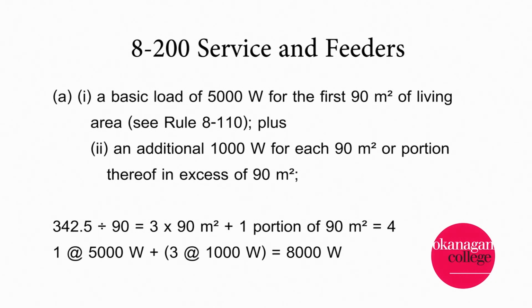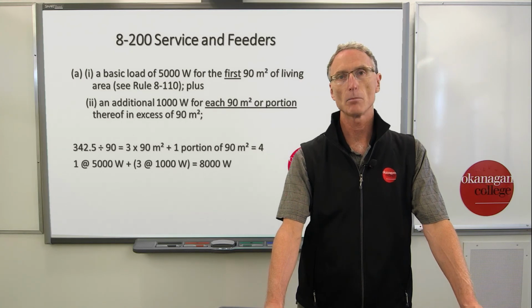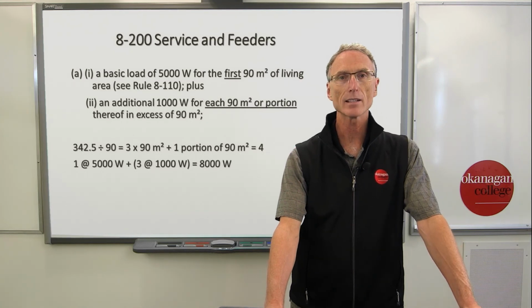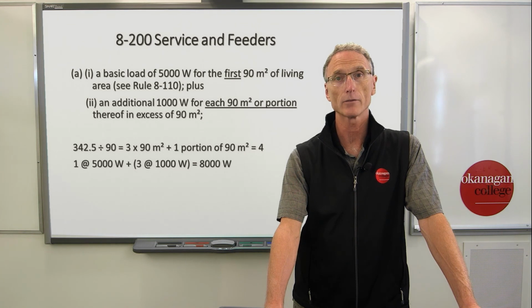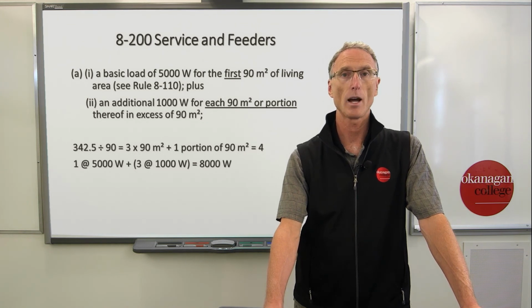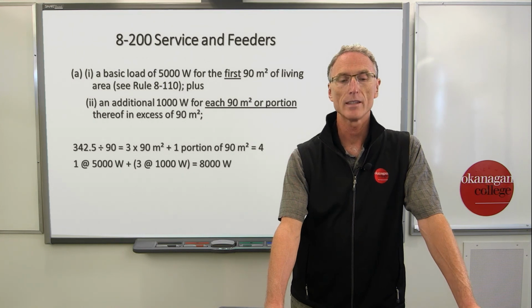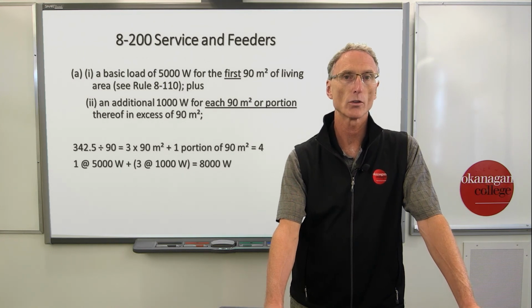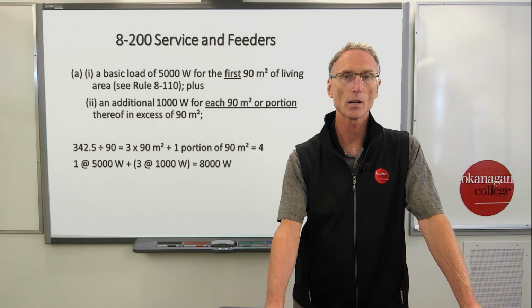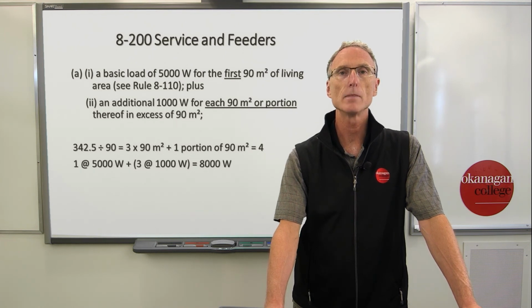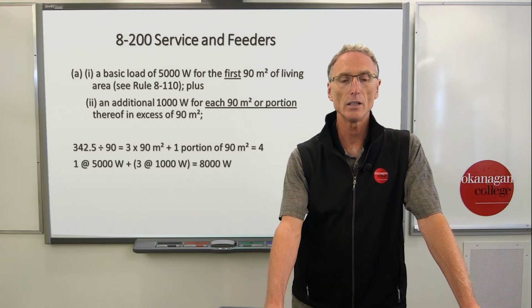Now this is called the basic. It's kind of like if you buy a car. When you buy a basic unit on a car, you're lucky to get 4 wheels with it. So you buy all the extras. So this is kind of the same thing with the house calculation. This is called the basic load. So if you're asked what the basic load on a house is, it's just the minimal. It's the square meter area.